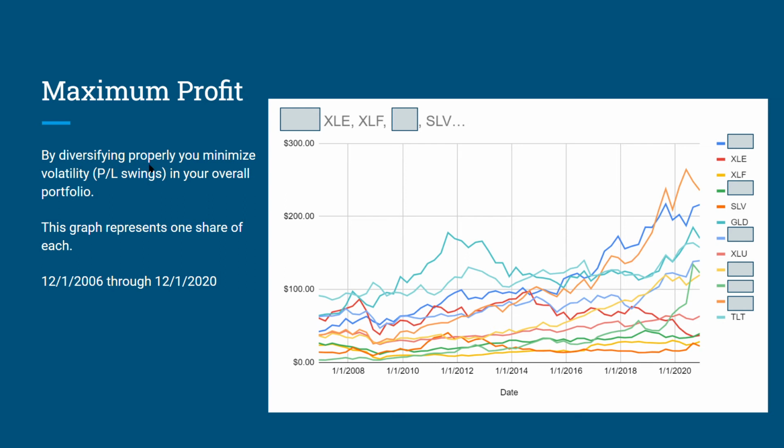By diversifying properly, you minimize volatility, aka P&L swings, profit and loss swings in your overall portfolio. This graph represents one share of each of these, okay? And the reason I blocked these out is because these gray boxes are covering individual stocks for this theoretical portfolio, okay?